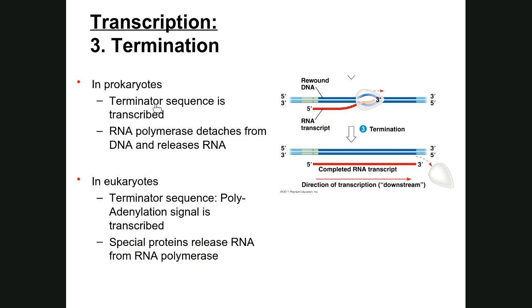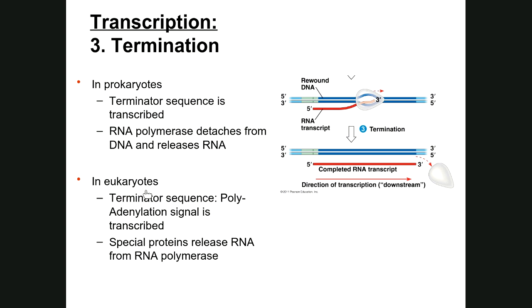In prokaryotes, they simply say the terminator sequence is transcribed, which it's not showing you here, but it is transcribed. And as it's being transcribed, that's when RNA polymerase is reading the bases in the terminator sequence, and it's realizing, okay, I finished synthesizing the molecule of mRNA. I can release the parent DNA, and I can release that molecule of mRNA.